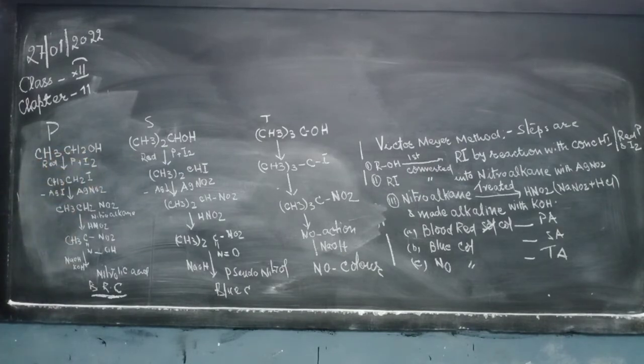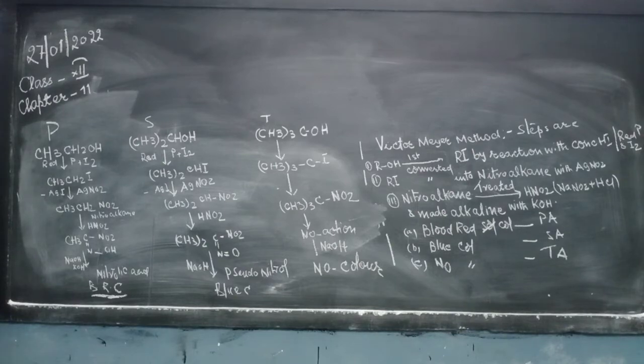It is ethyl alcohol. The functional group CH2OH indicates it is primary alcohol. As I have told you, it is treated with red phosphorus and iodine. So what will it form?